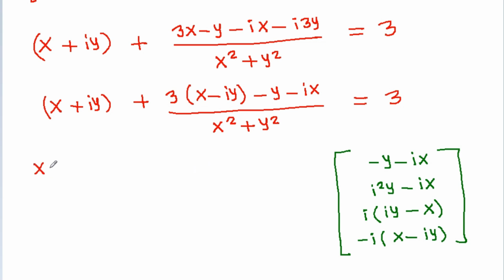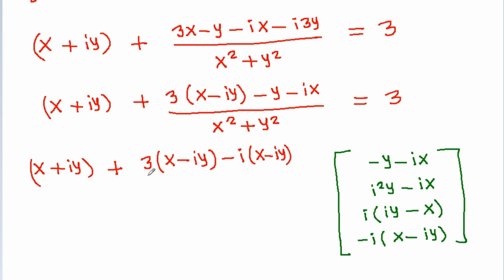So it is x plus iota y plus 3 times (x minus iota y), and minus y minus iota x is minus iota times (x minus iota y), by x square plus y square is equal to 3.